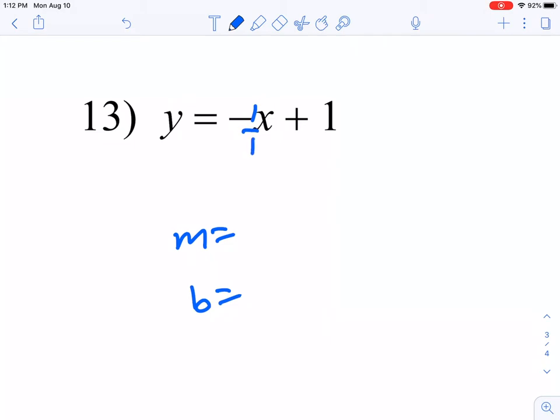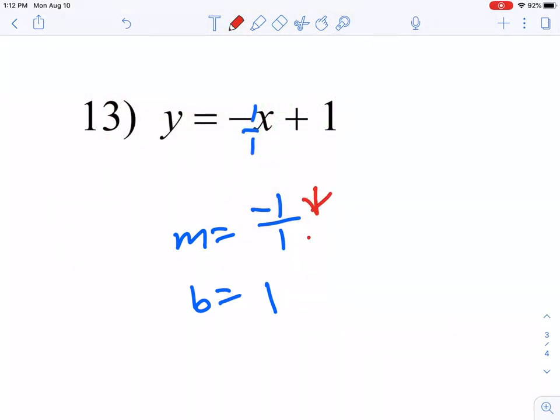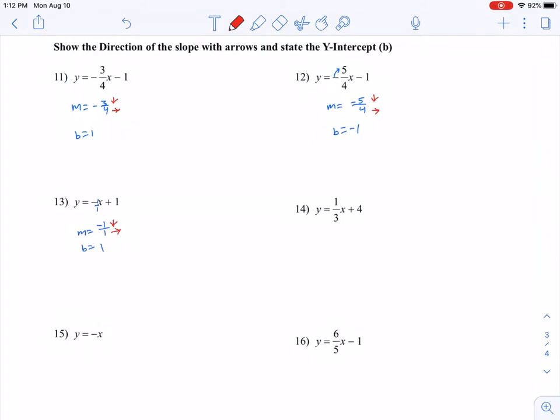We don't see anything there, so it is a -1/1. Because there's still a 1x there. It's not a 0x. There's just an understood 1 there. And b equals this +1. And that's telling us down and right.